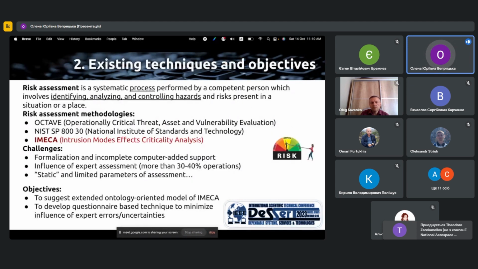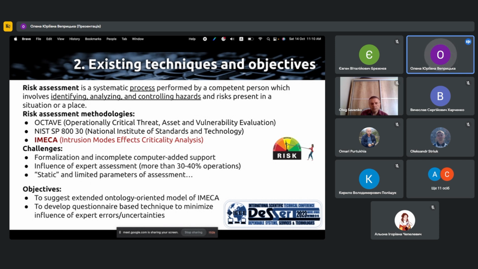In general, risk assessment is a process of identifying, analyzing, and evaluating risk and hazards. So the whole point of risk assessment is to reduce the risk. There are many risk-based methods such as OCTAVE and NIST. They provide a general approach on how to identify and analyze risk.